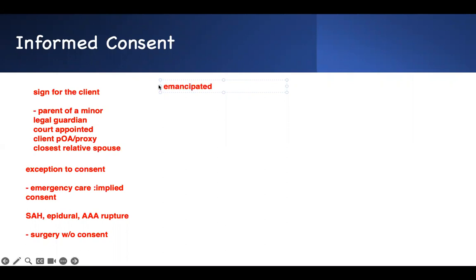Emancipated minor. What does that mean? If you're less than 18 years old by state law, okay, and you are married, you're good, you sign for yourself. If you're serving in the military, yeah, if you have to go and you can get killed, then you can sign consent for yourself.